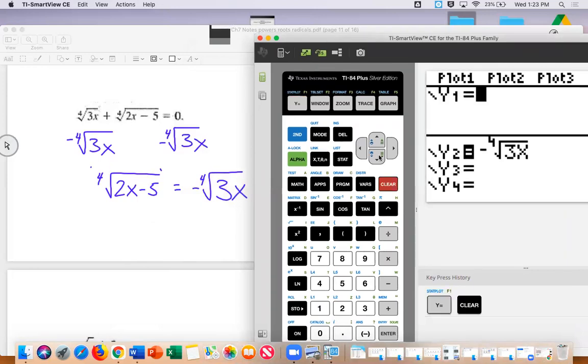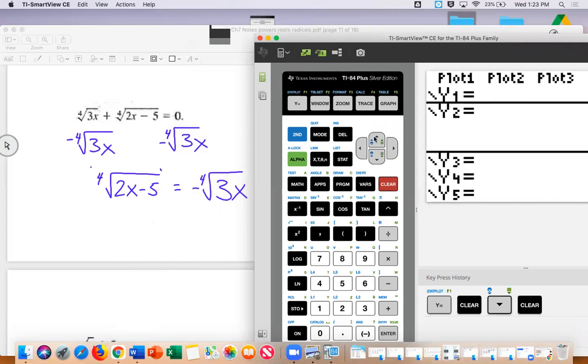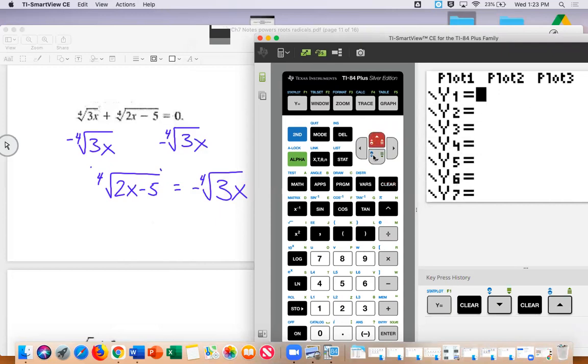So I already typed it in here, but I'll show you how I typed it in. Okay. Now I have 2 functions. Marcus, I have 2 functions. I have this one and I have this one. Okay. And they're equal. I'm asking, when does this function equal this function? Garrett, does that make sense?